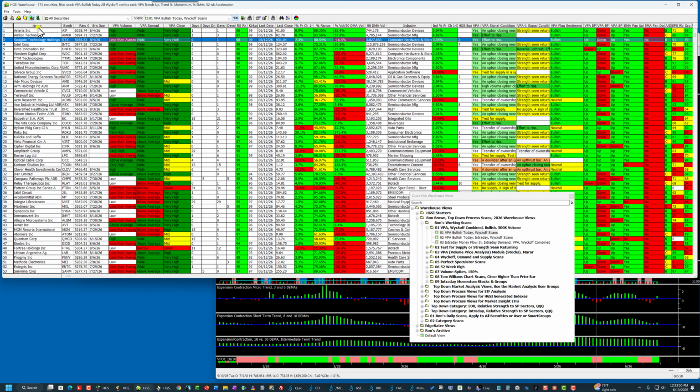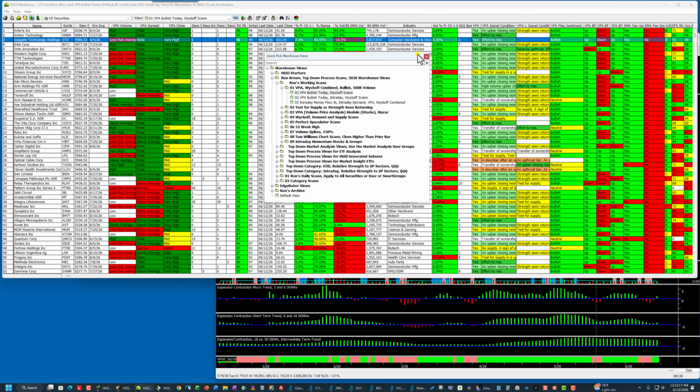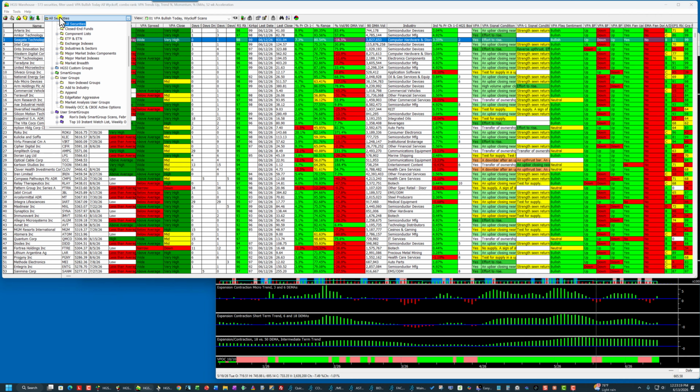Let's say you're interested in looking for stocks that may be coming up here, but you don't want extended stocks. So what I'm going to do, I'll click on, I'm going to stay in this warehouse view, but rather than all securities, I'm going to go down to my user smart groups, and I have, and you should have, these in your user smart groups.